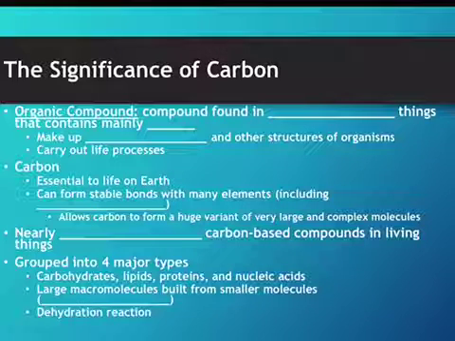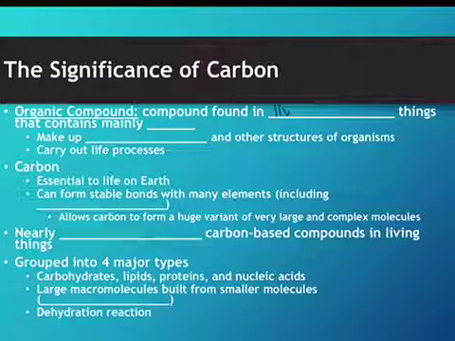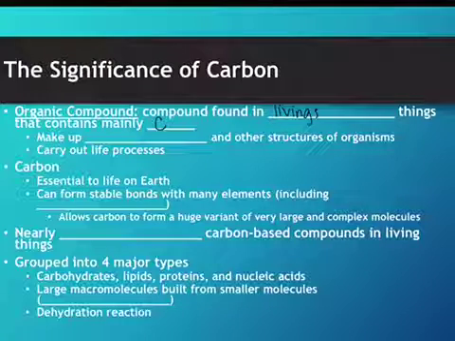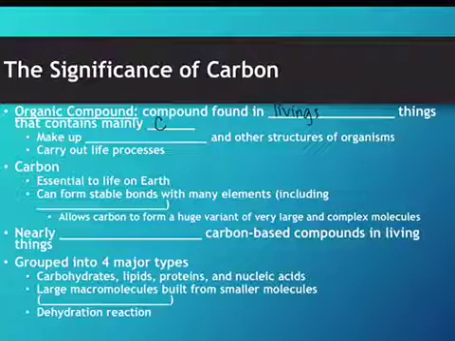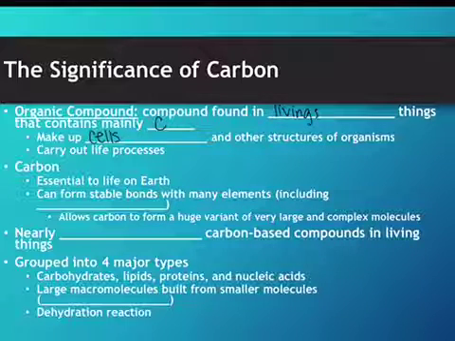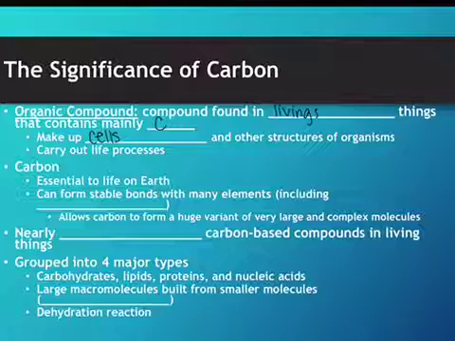So in biology, one of the most important elements is carbon. And carbon is found in organic compounds. And these compounds are found in living things, and they are primarily made up of carbon atoms. Organic compounds make up the cells in our bodies and other structures of organisms, and they have the ability to carry out life processes.